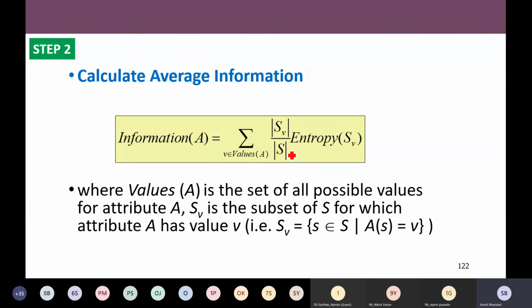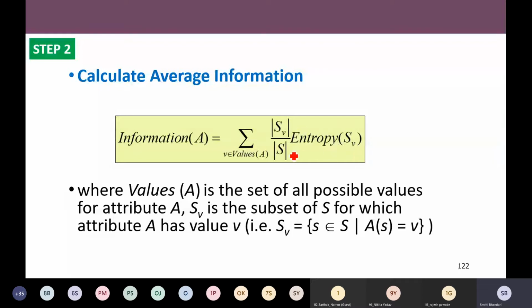For every value of attribute A, we are going to compute |Sv| divided by |S| into entropy of Sv.